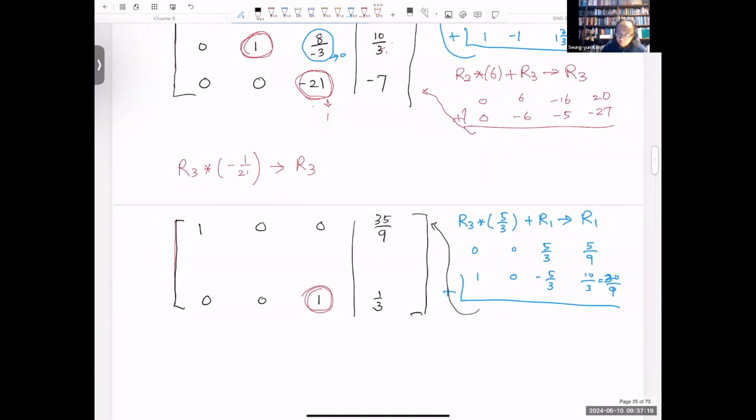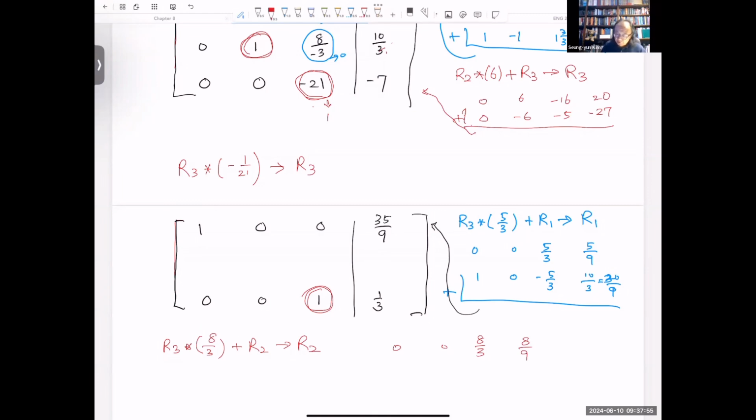And then in the second row, the third column has negative 8 over 3. So now we need to multiply R3 times positive 8 over 3 and add to R2, put it back to R2. That gives 0, 0, 8 over 3, and 8 over 9.